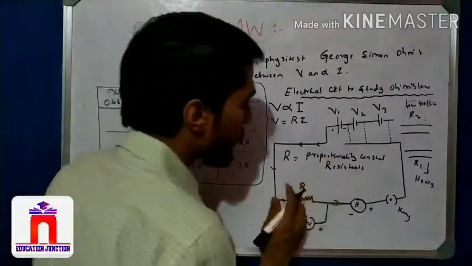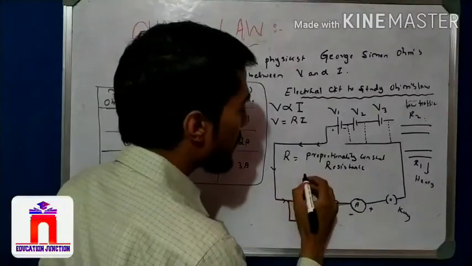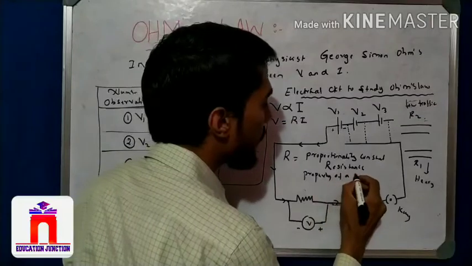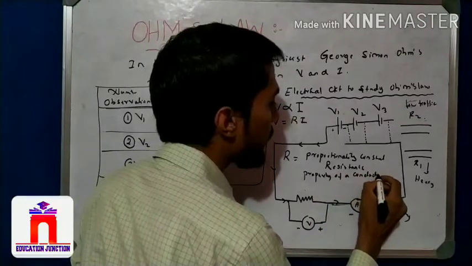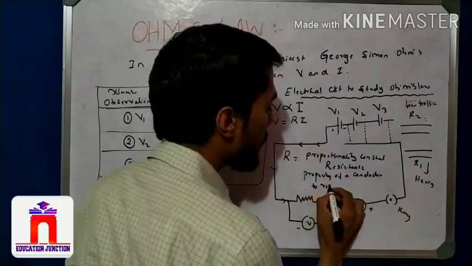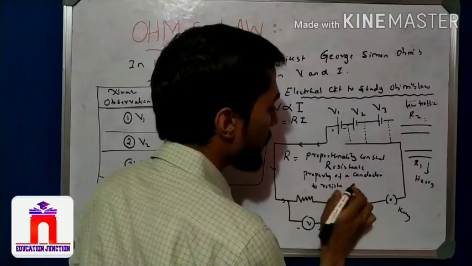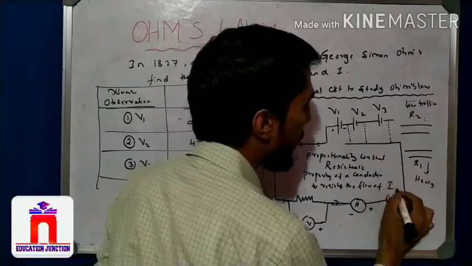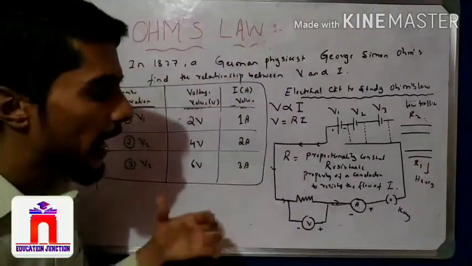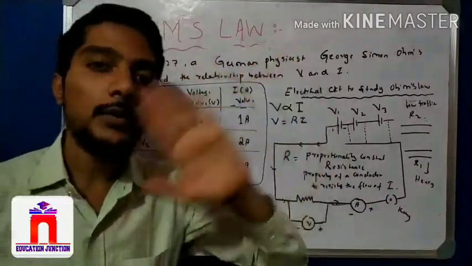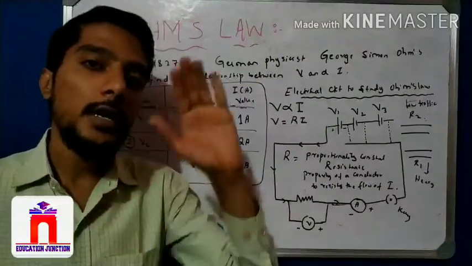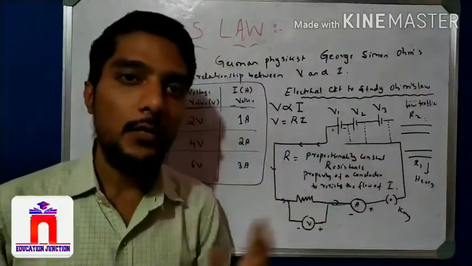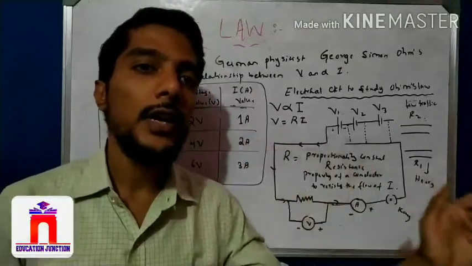It is the property of a conductor to resist the flow of current I, and it is constant for the material: constant for copper, constant for silver, and constant for iron.